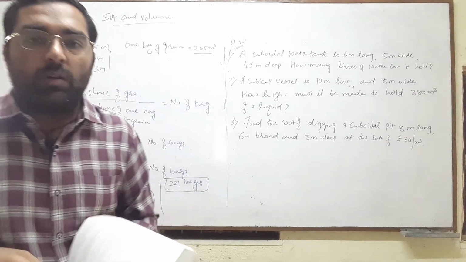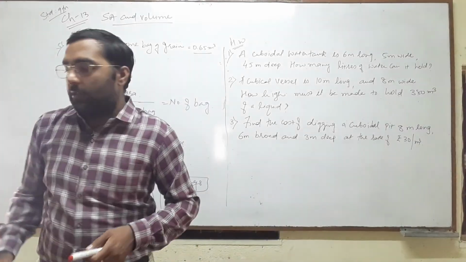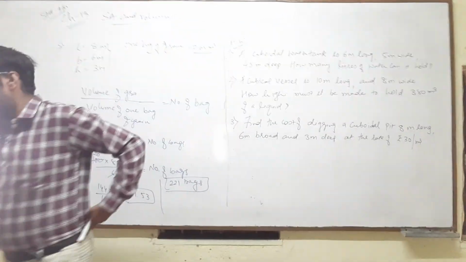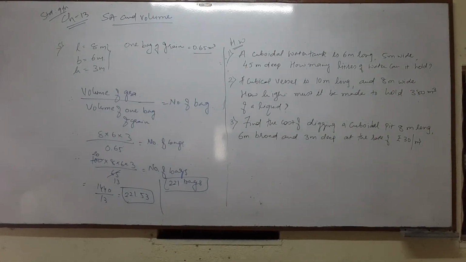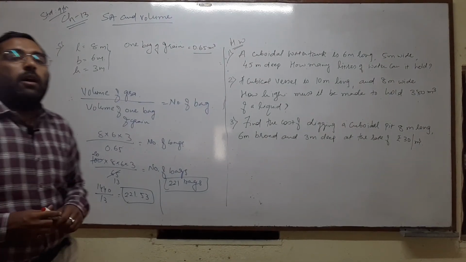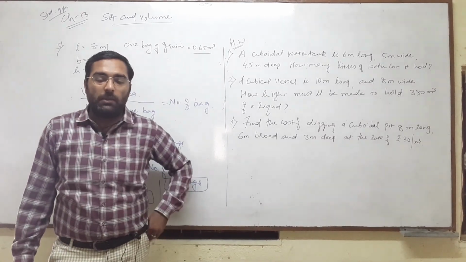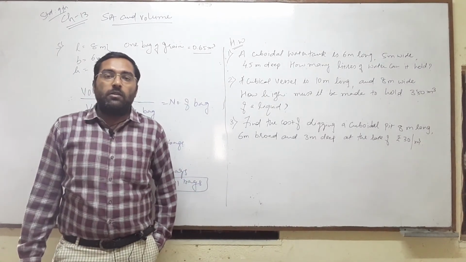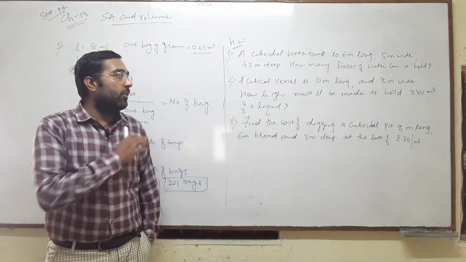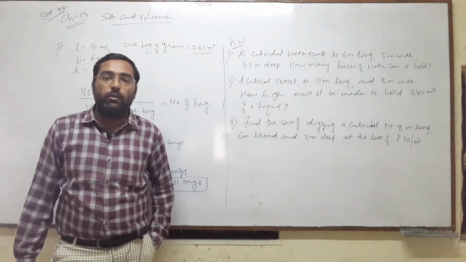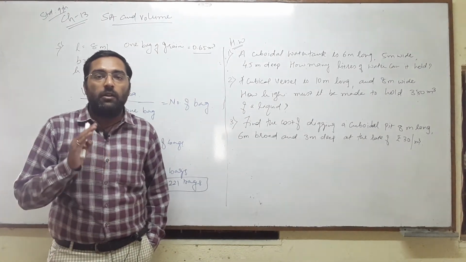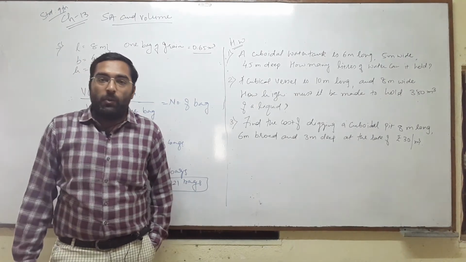So students, note this down as soon as possible. Okay. I hope you have cleared all the things that are related to the volume and surface area of the cube and cuboid.